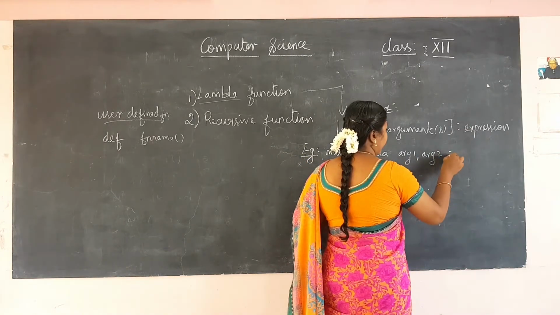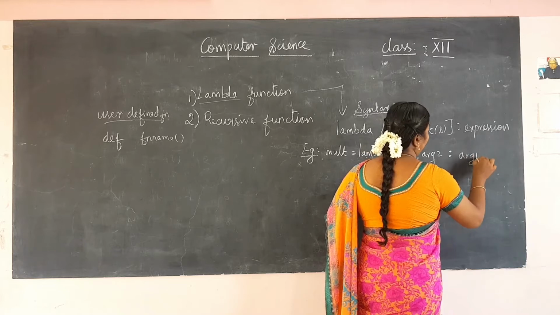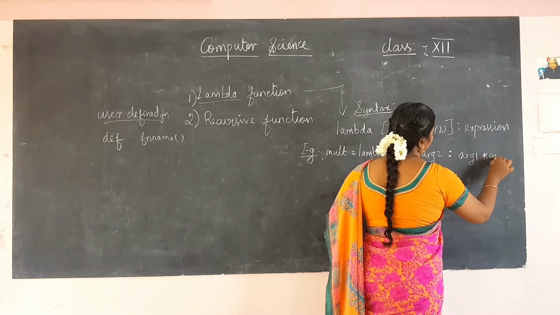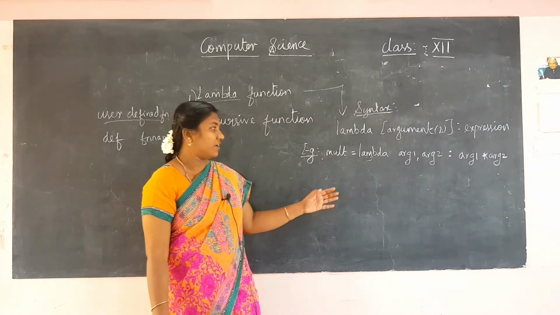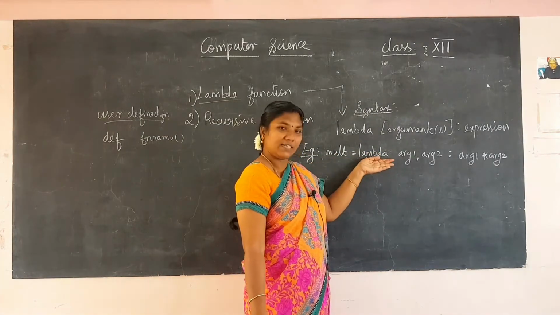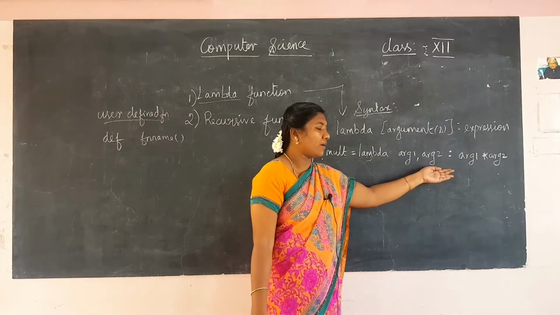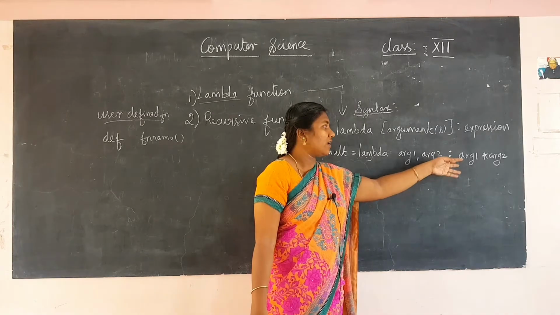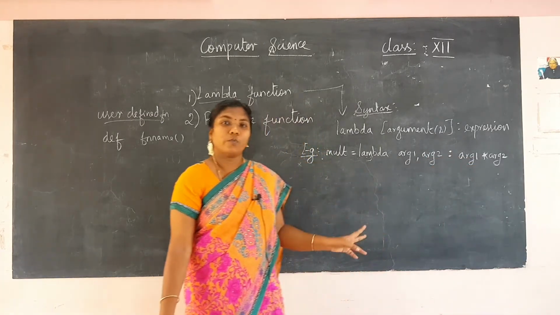Then the colon, and the expression I am going to perform: argument 1 star argument 2. So this is my lambda function, and it is going to multiply just the two values.